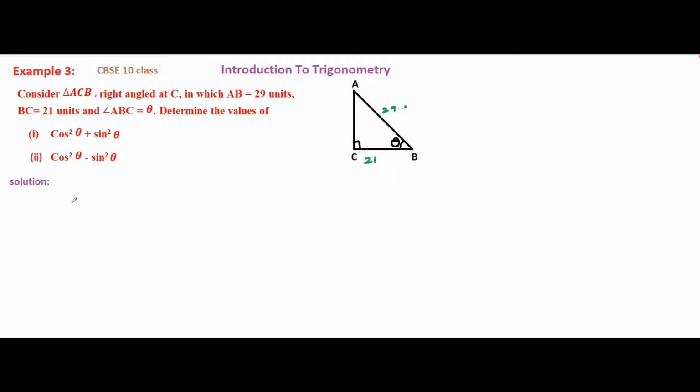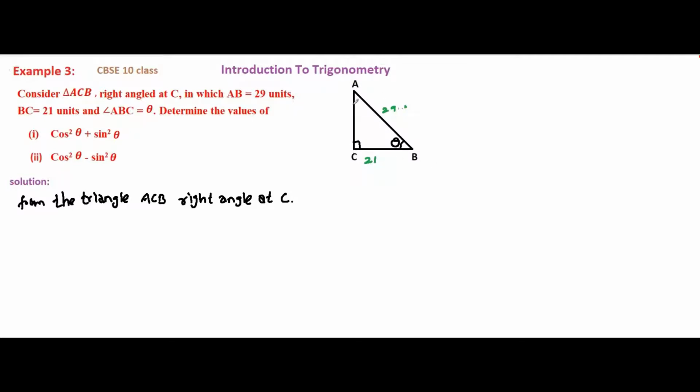First, from the figure, what is given here? Triangle ACB, right angle at C. So that means we can say ABC is a right angle triangle.